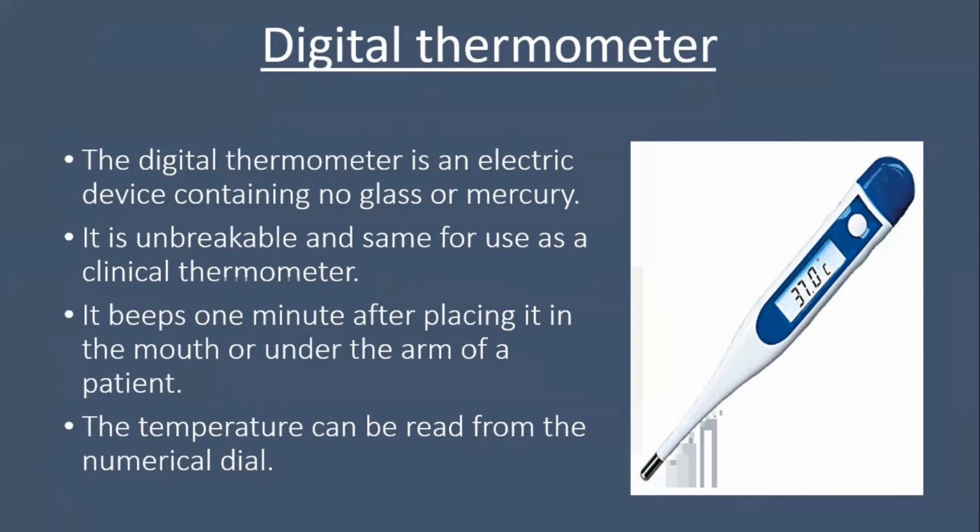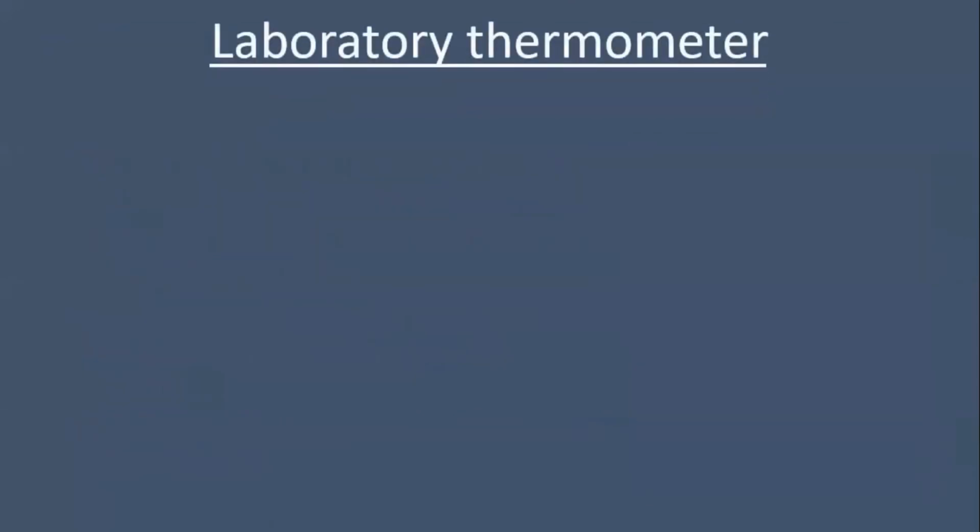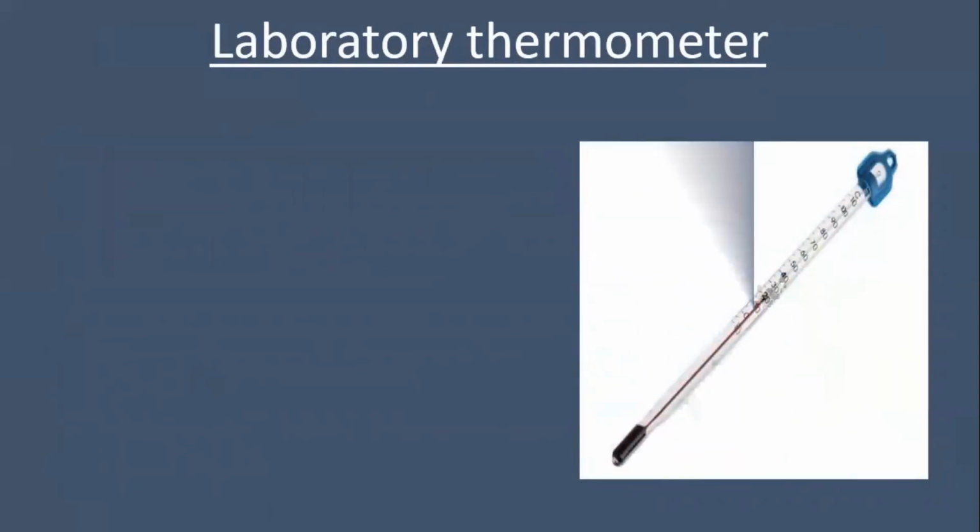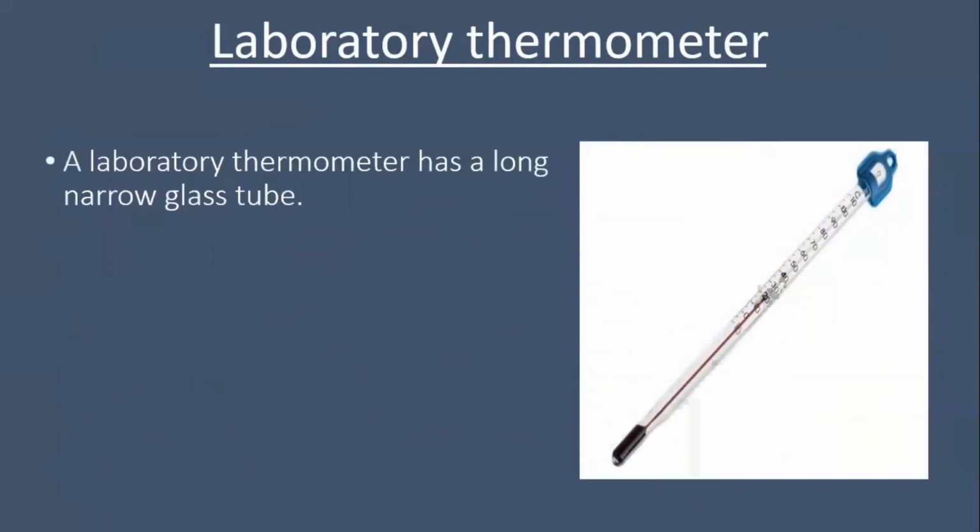Clinical thermometer is used to measure the body temperature. Then, how do we measure the temperature of other objects? For this purpose, we use the laboratory thermometer. A laboratory thermometer has a long narrow glass tube.